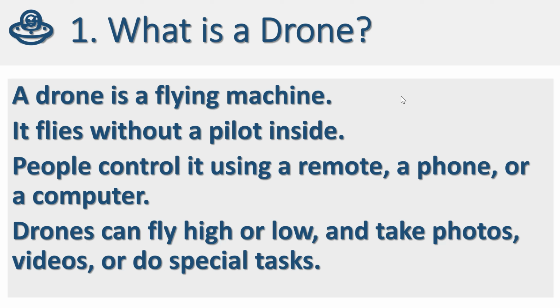We move forward to the full explanation of drones. What is a drone? A drone is a flying machine. It flies without a pilot inside. It is on autopilot. People control it using a remote control, joystick, smartphone, or a computer.